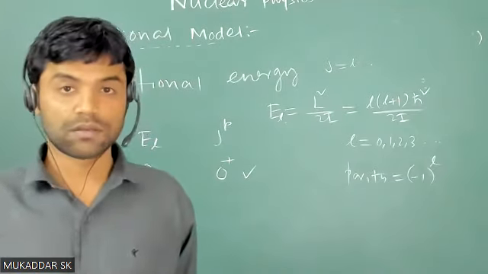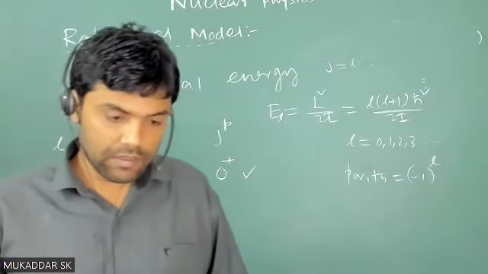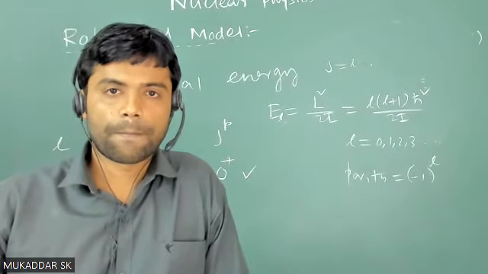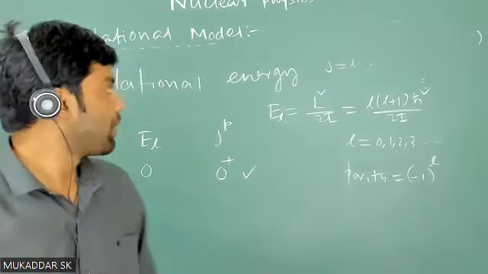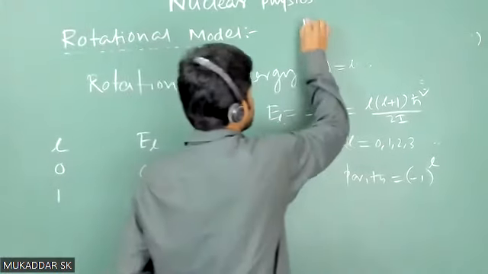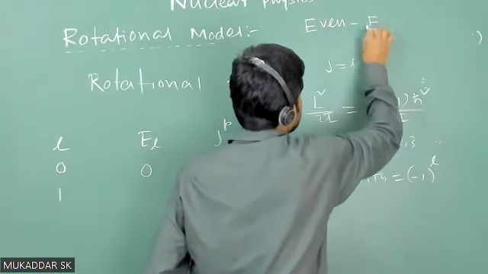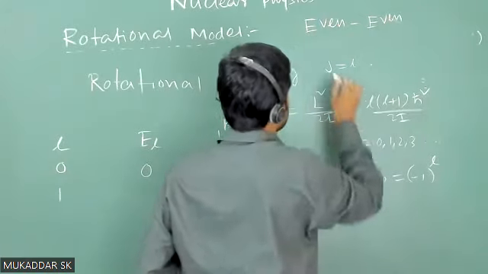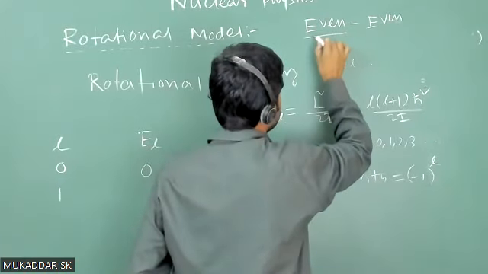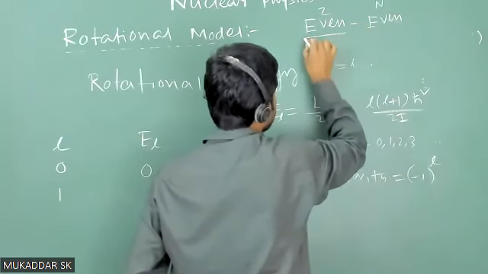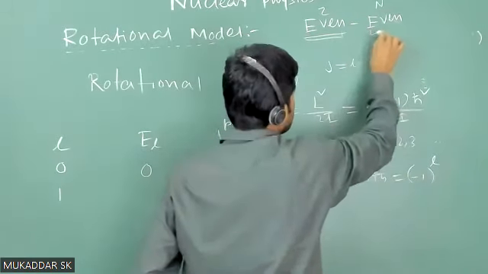See, this kind of question is really interesting. Nuclear spin, the whole spin of the nucleus, when you have an even-even combination, all protons are paired and all neutrons are also paired.